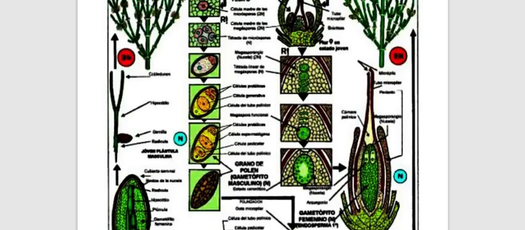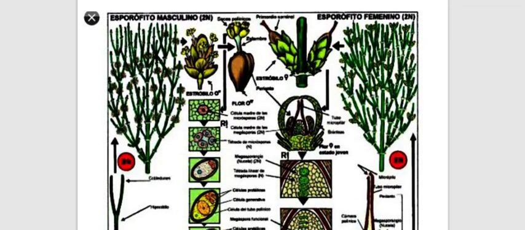We can see here again in these diagrams, these are also known as male inflorescences, male flowers, and these as female inflorescences or female flowers due to their resemblance with angiospermic flowers.